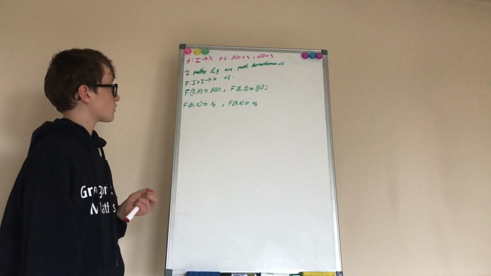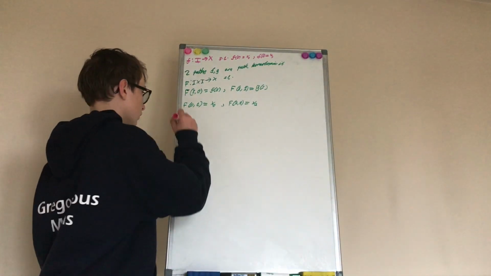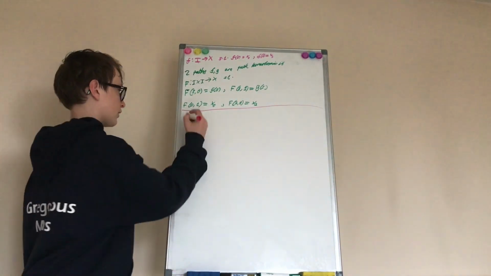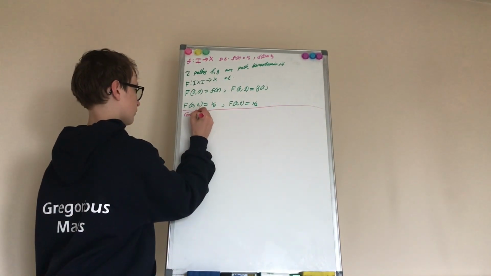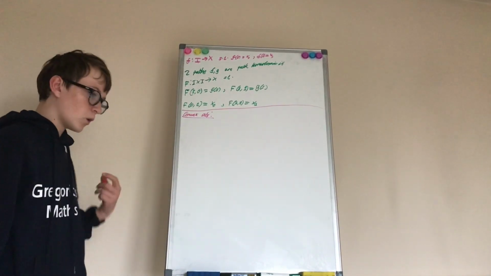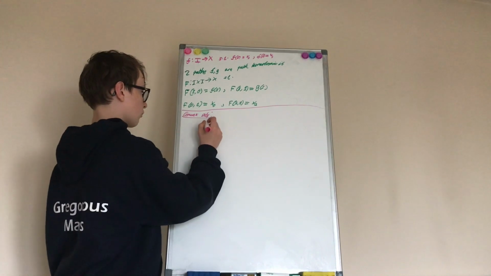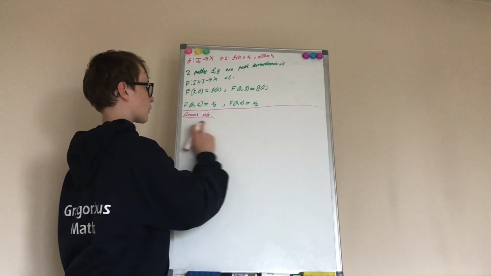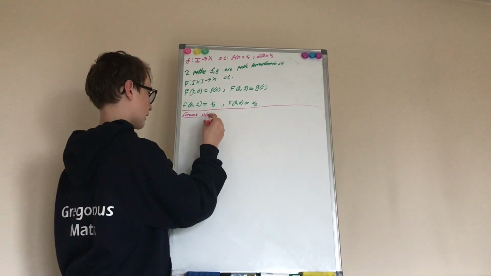Now, let's look at a quick example, namely convex sets. What is a convex set? Well, I'll just give you an example of something that's not a convex set.